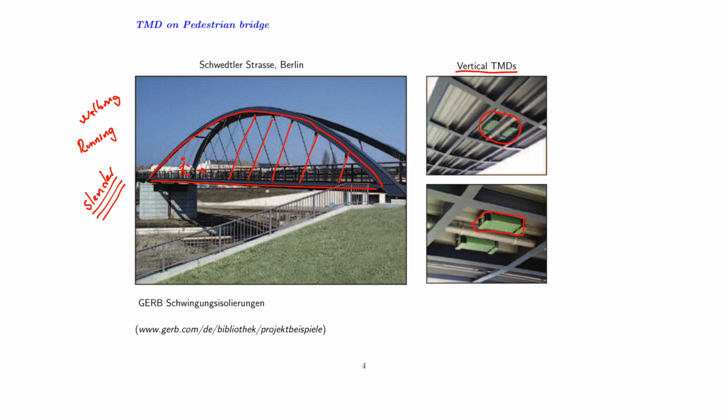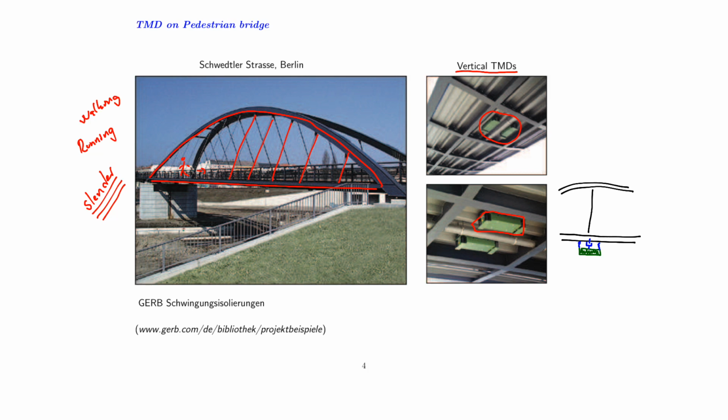So let's assume we have our bridge deck, and we have cables, staples and part of the arch up here. We install a physical mass, the green physical mass, and we suspend it to the structure by springs, and we then also install a viscous dashpot.